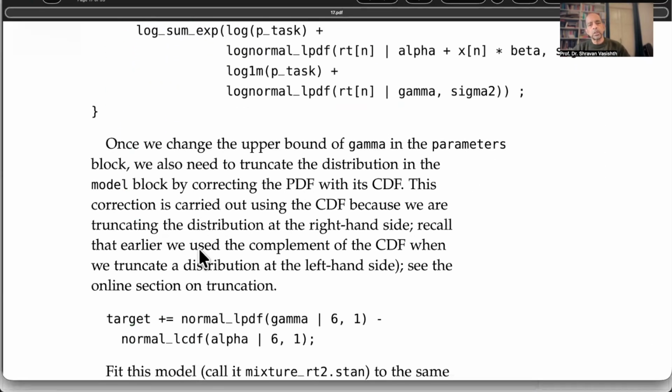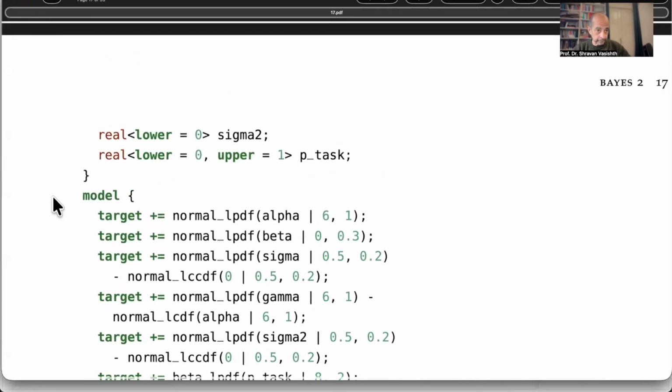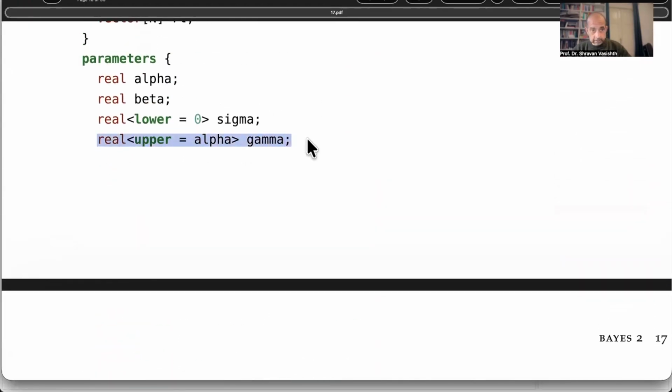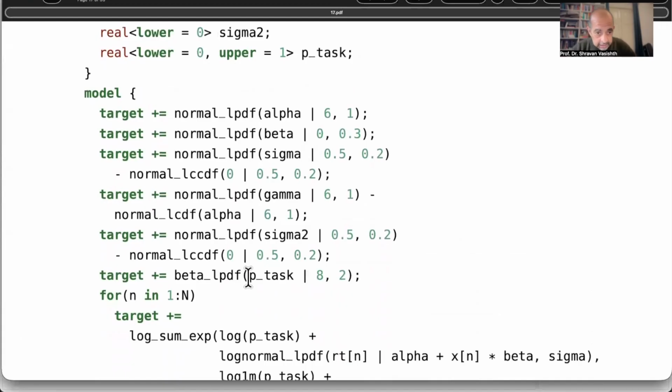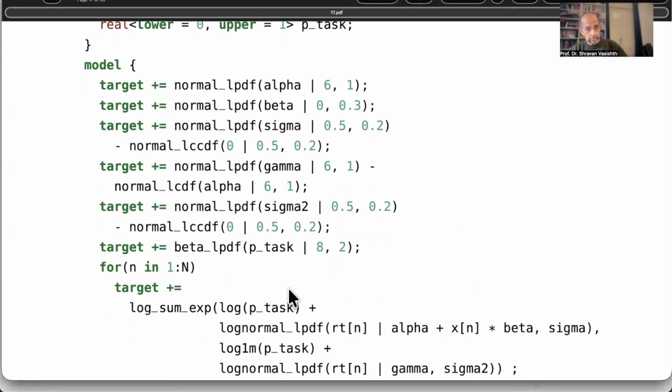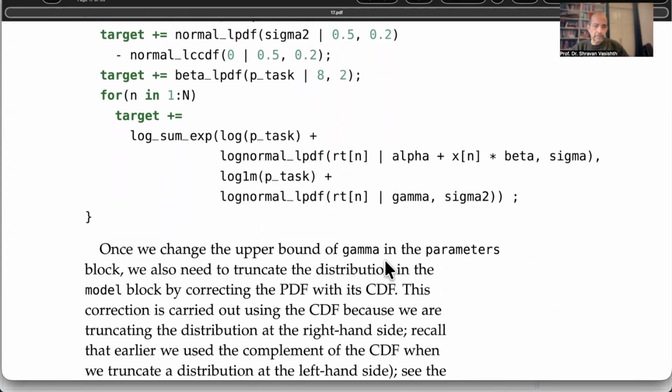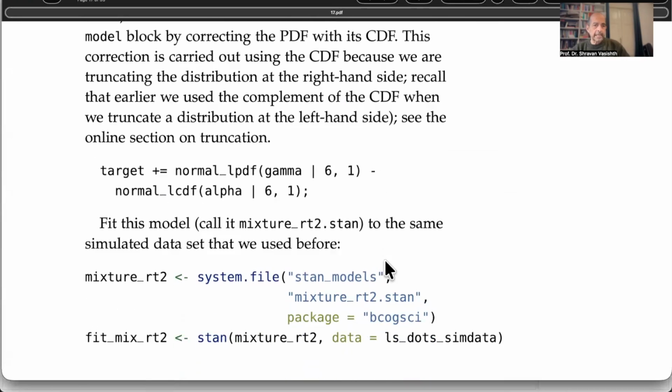And so once we've controlled the upper bound of gamma in the parameters block, and once we've changed the prior on the probability of task engagement, here it is. Now we don't have a uniform prior anymore.